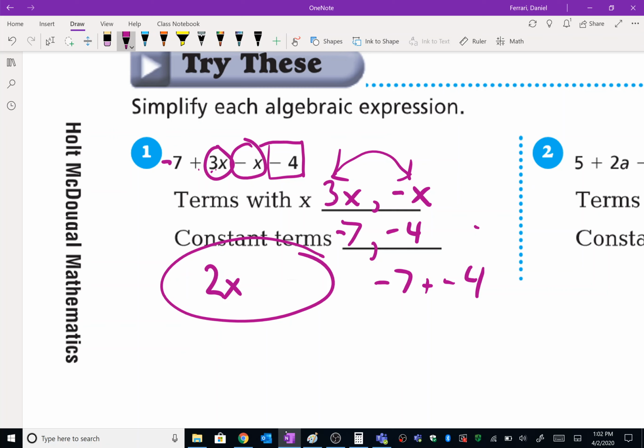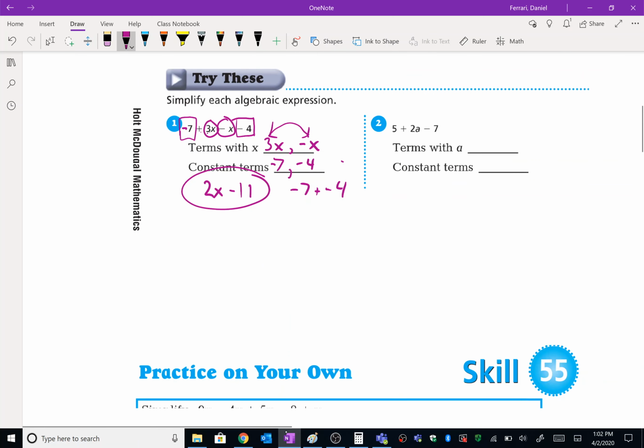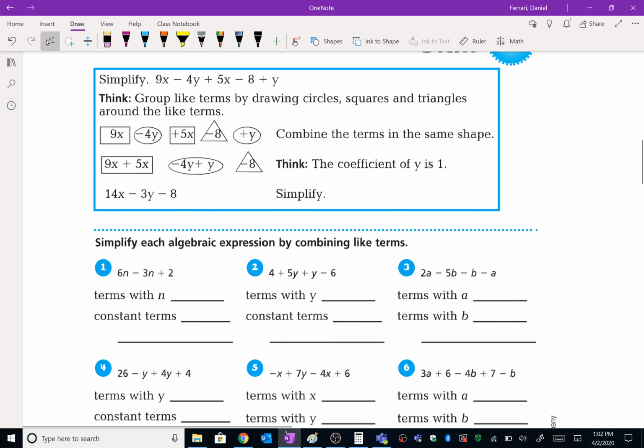It's just a big collection of negatives. So the correct answer, if it was negative 7, would be 2x minus 11. Please keep that in mind. Watch out for your integer rules, because that is the most common mistake you're going to make if you mess up these problems.